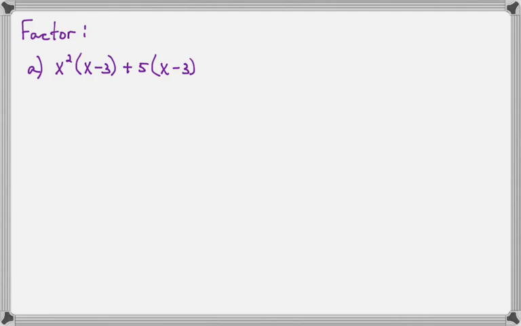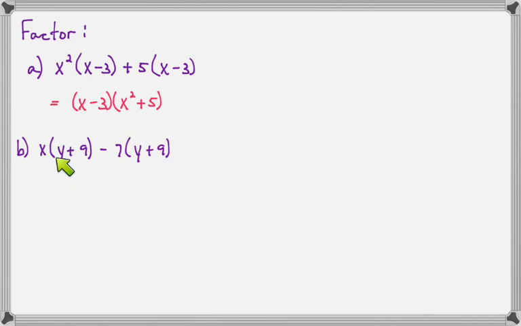So just for practice, let's factor x squared times (x minus 3) plus 5 times (x minus 3). Now both of these terms have an x minus 3 in them. So if we factor out the x minus 3, that's going to leave x squared plus 5 in parentheses. Alright, here's a different one.